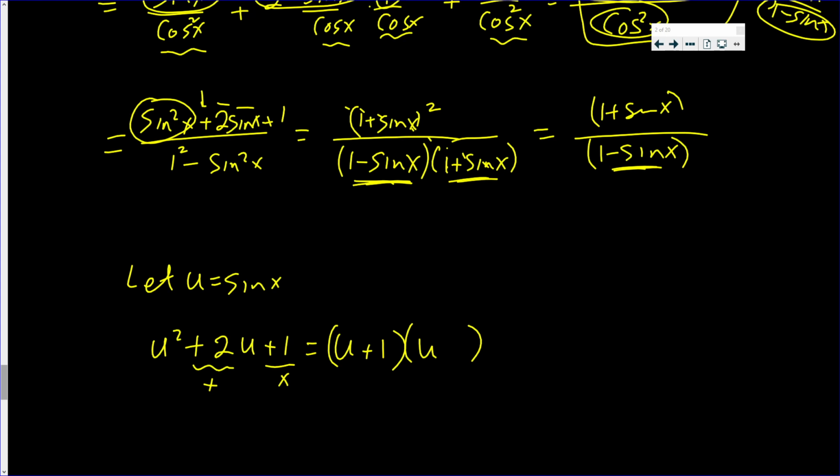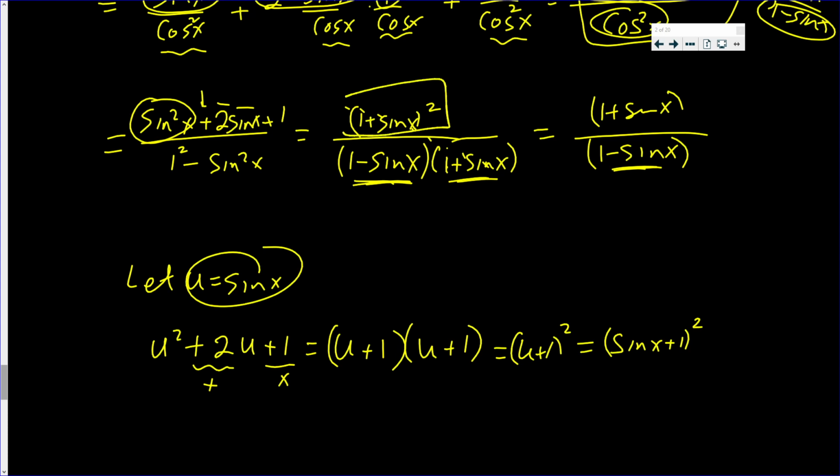You know what? 1 and 1 will do that. So I get u plus 1 squared. Oh yeah, u was sine x. So I get sine x plus 1 squared, which is basically what I wrote here.